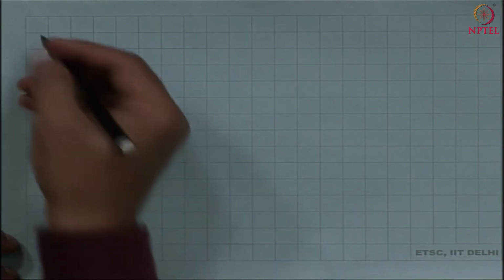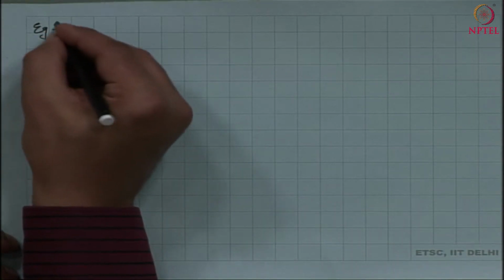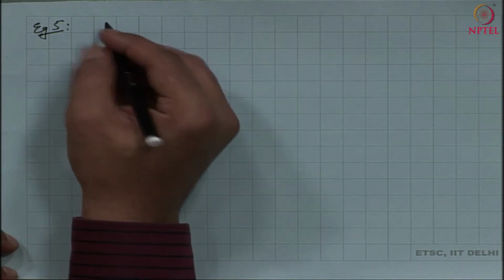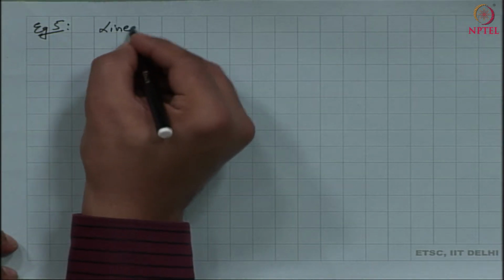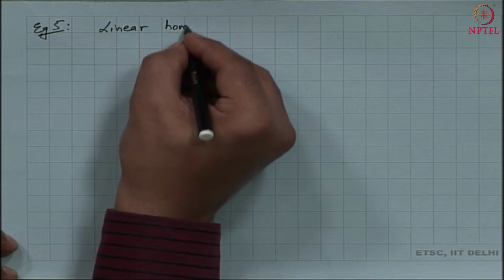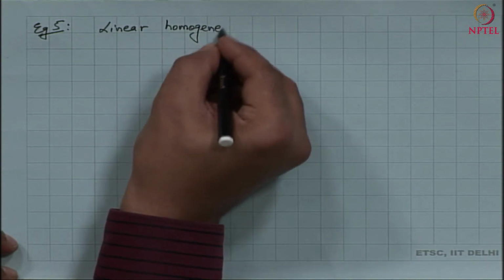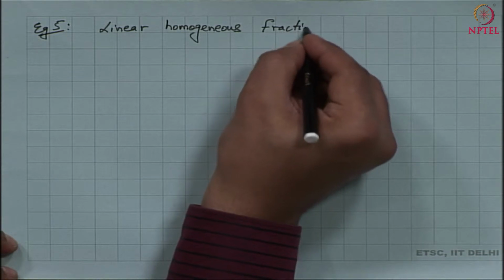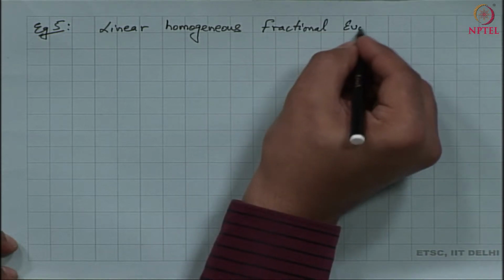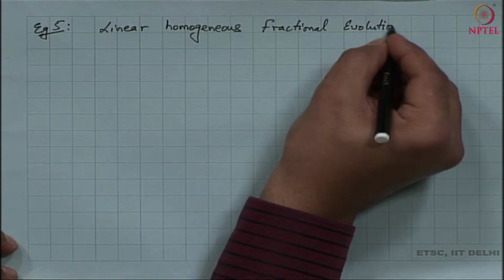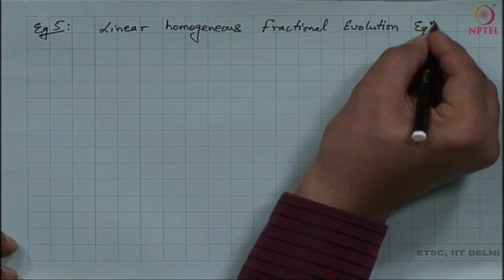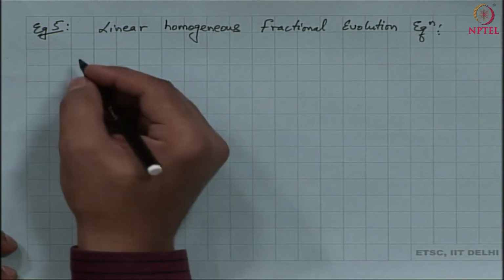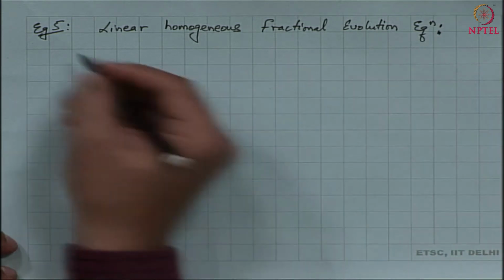So, what I have is the following. Let me call this PDE a linear homogeneous fractional evolution equation.